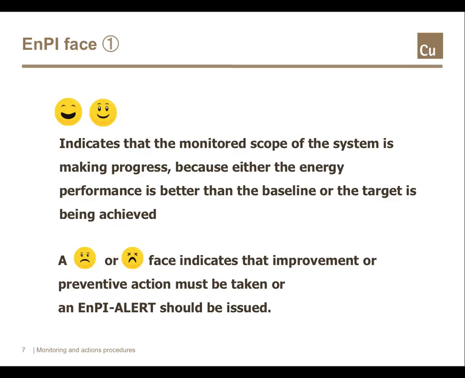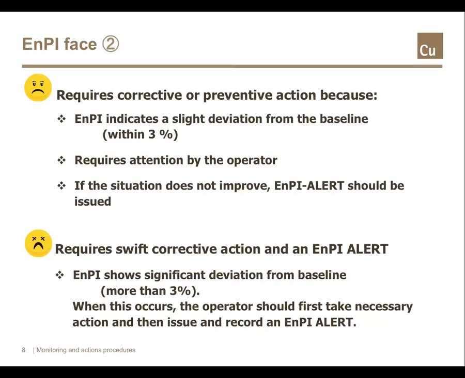Grim or crying faces are calls for improvement and the issue of an energy performance indicator alert. The grim face will be appropriate if there's a slight deviation within 3% because the users are consuming slightly more energy than the baseline. If the attention of the operator is required to bring performance level back to the baseline or better, or if it's a situation where an energy performance indicator alert will have to be issued unless preventive action is taken.